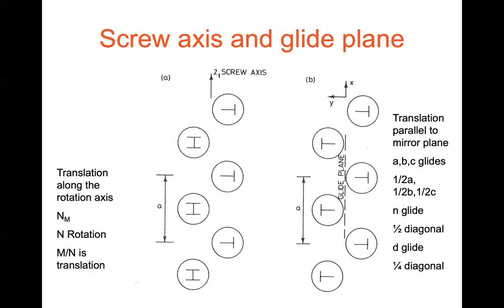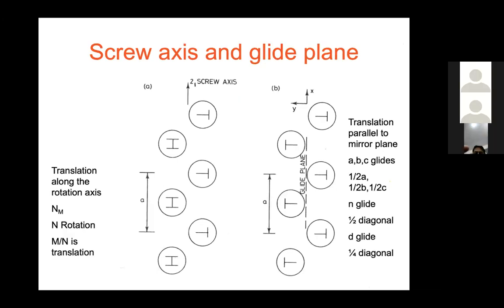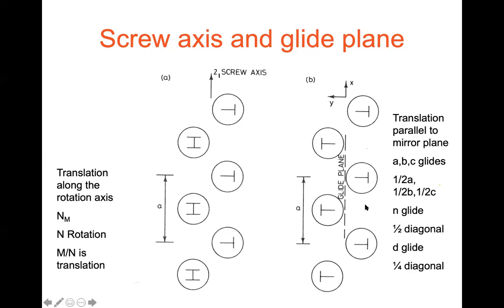It's very important for three-dimensional crystals. Whatever point groups we discussed apply to molecules, not three-dimensional, just simple molecules like a water molecule. But in crystals, in addition to point groups, we have screw axes and glide planes. Screw axis is nothing but rotation followed by translation, and glide plane is nothing but a mirror plane followed by translation.